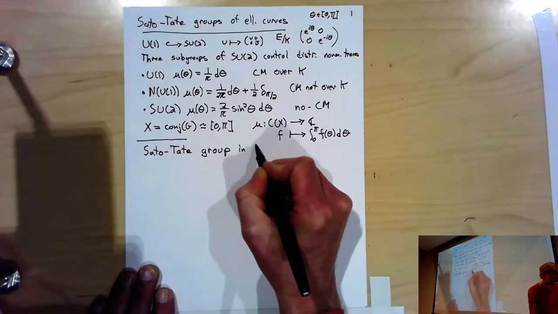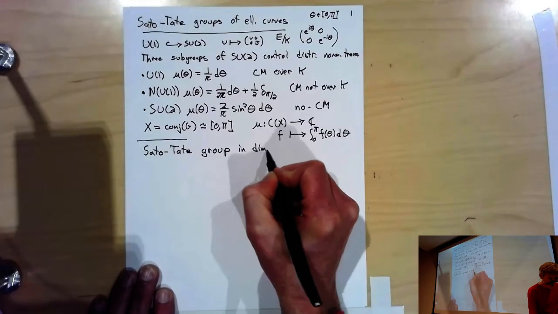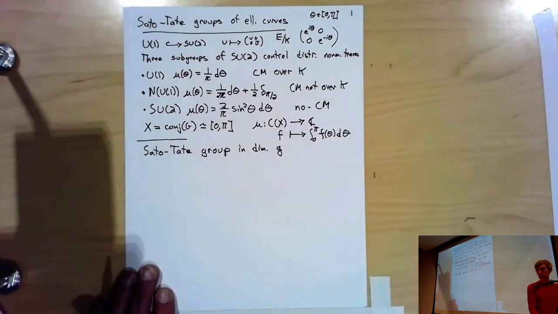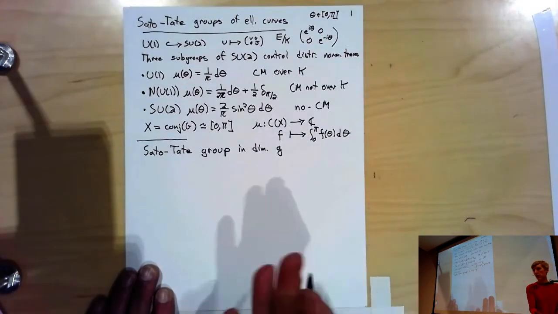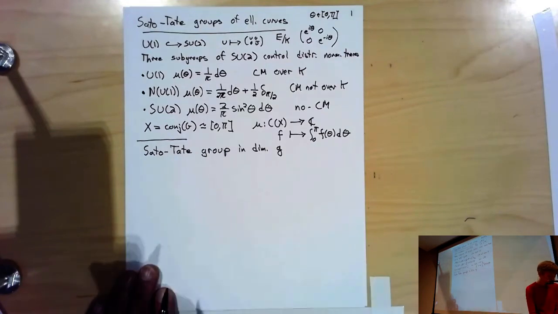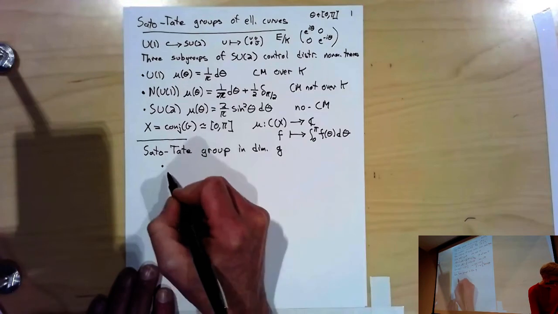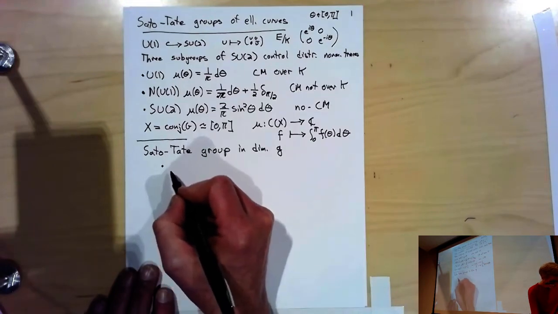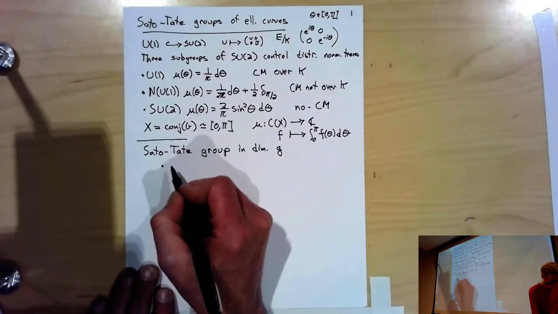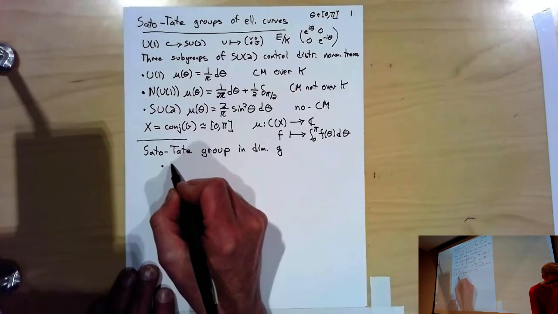We're going to be thinking about Sato-Tate groups in dimension g. We'll start with g equals 1, but here we're thinking of an abelian variety of dimension g, or equivalently a curve of genus g. Or not equivalently, but they would coincide in the case where the abelian variety is the Jacobian of a curve. There are going to be two pieces to our definition.